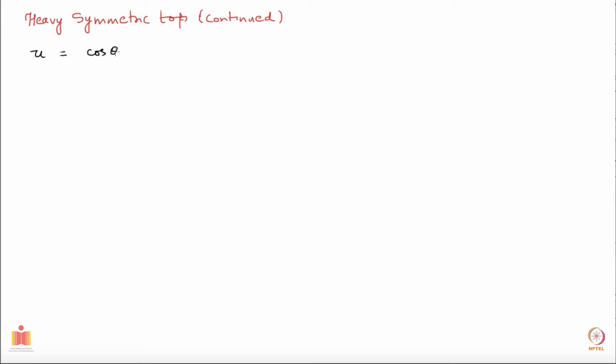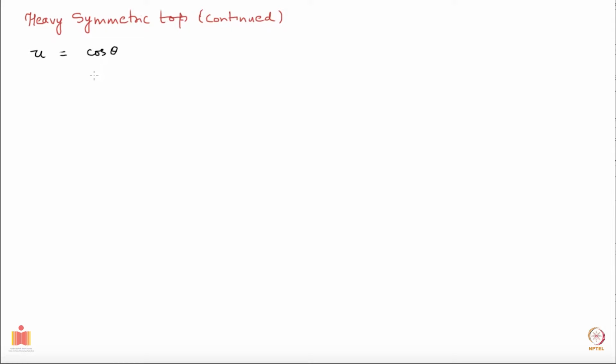So in this problem you have a direction because of the presence of gravitational force, which we have taken to be uniformly pointing downwards. Okay, so imagine your top being put on the surface of the earth, and you are treating the field to be uniform.